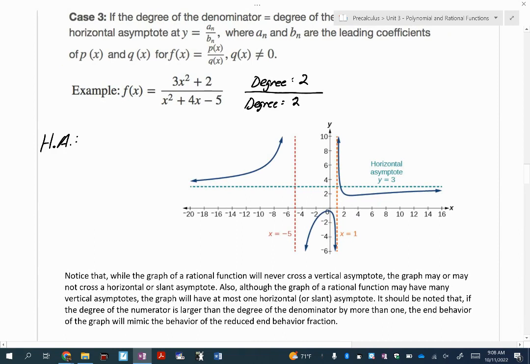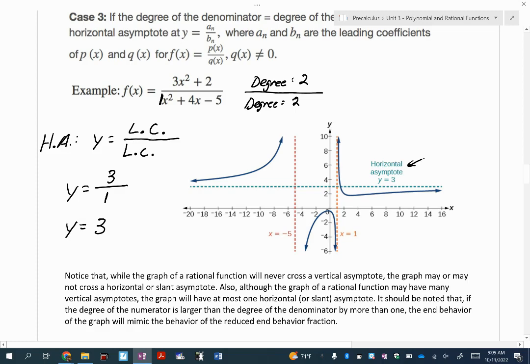Let me write it like this. Y equals the leading coefficient from the numerator over the leading coefficient from the denominator. So the leading coefficient at the top is 3. The leading coefficient in the denominator is 1, right here, 1x squared. So your horizontal asymptote is y equals 3, which you can see graphed right here.